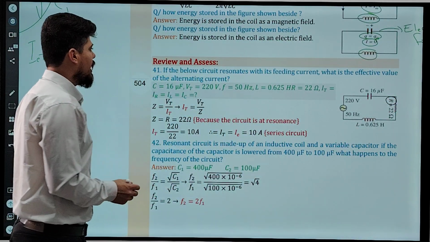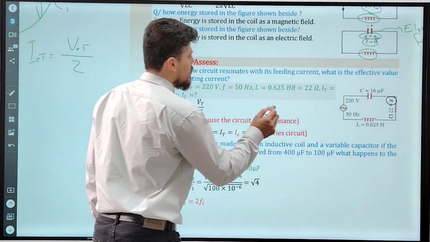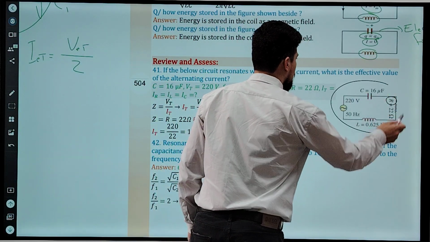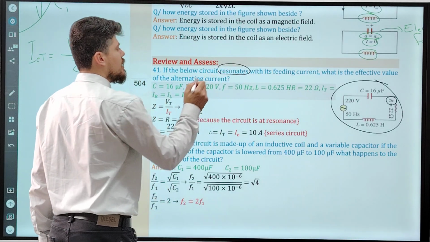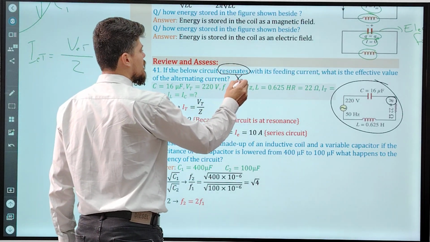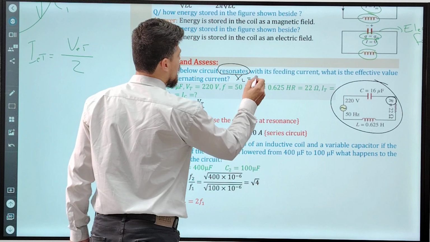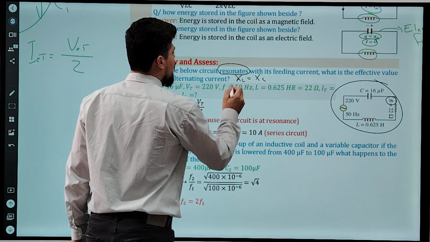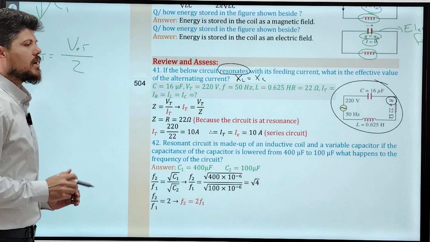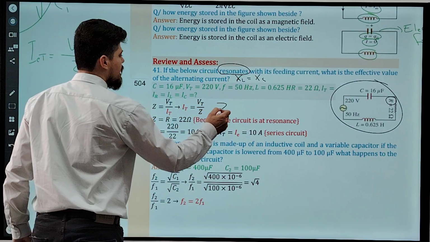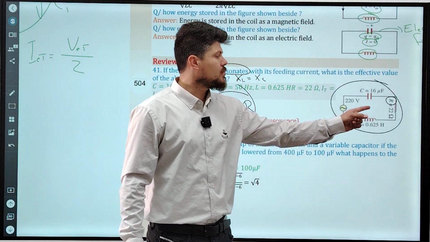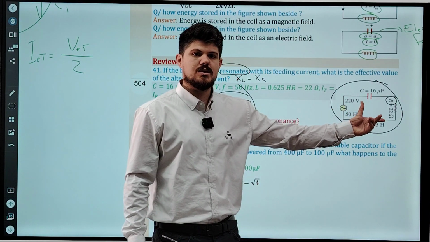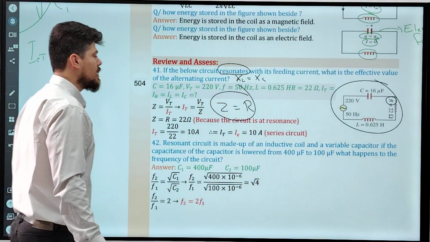Okay, so at resonance, the circuit has resonance because the question says resonate. What do you mean by resonate? It means that XL is equal to XC. And in the case of resonance, the magnitude of Z is equal to what? R. The value of the resistance has the same value as the total impedance.